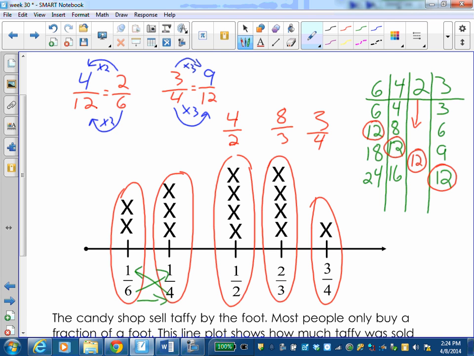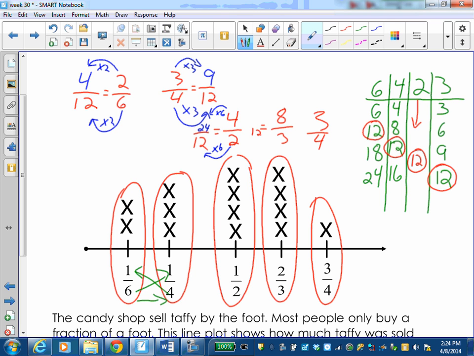And then I want to do that for my 4 halves. I have 4 over 2, 2 times 6 is 12. So that's going to make 4 times 6, which is 24. And then I have 3/8.